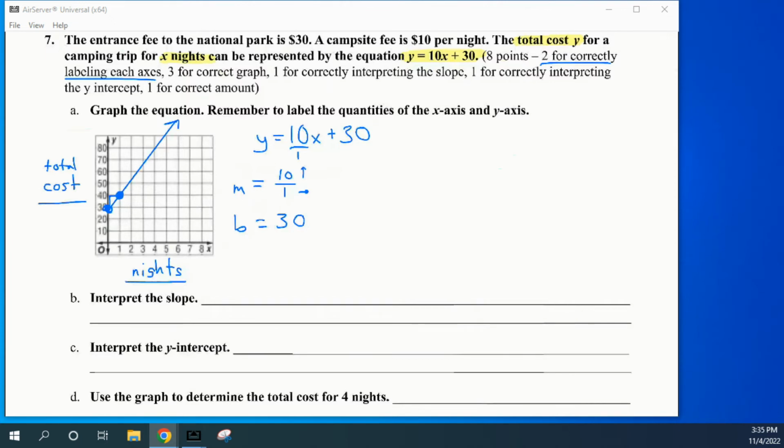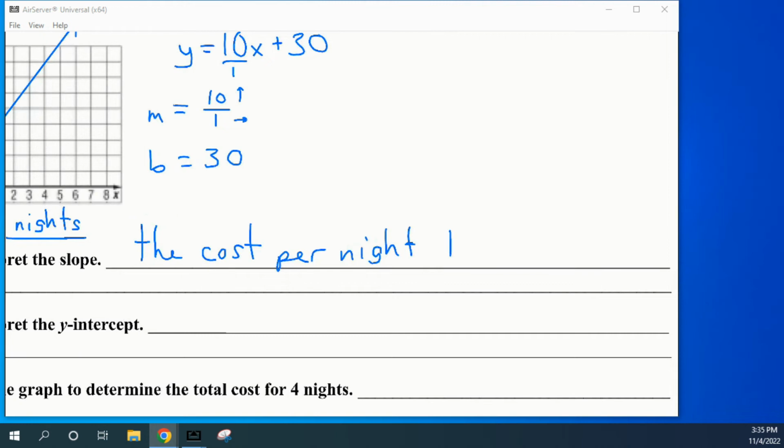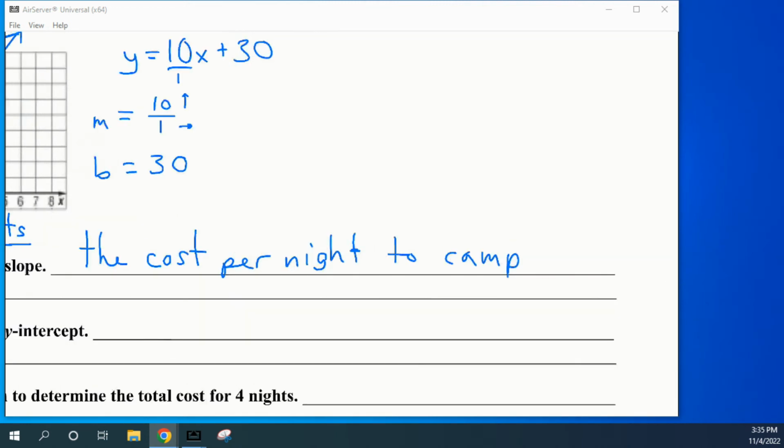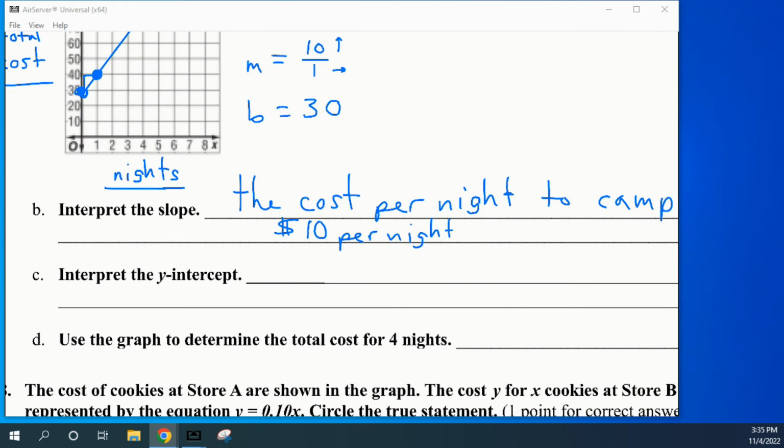So that is going to be the cost per night to camp, which is going to be, I'll do it over here, $10 per night. All right, that'll work. The y-intercept is always going to be the starting or the initial value. So I'm going to say this is the initial cost of camping.